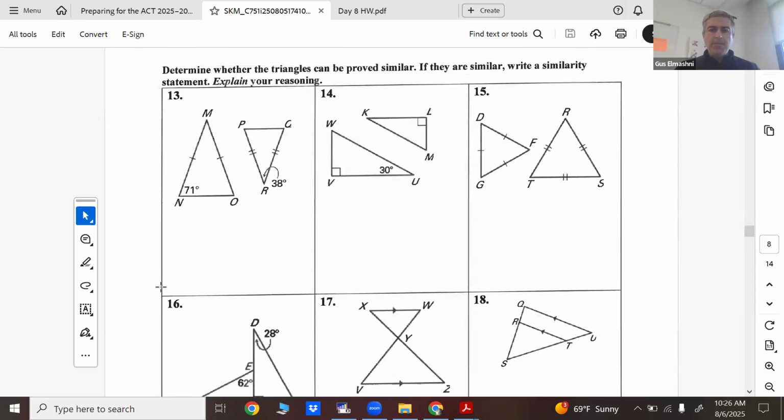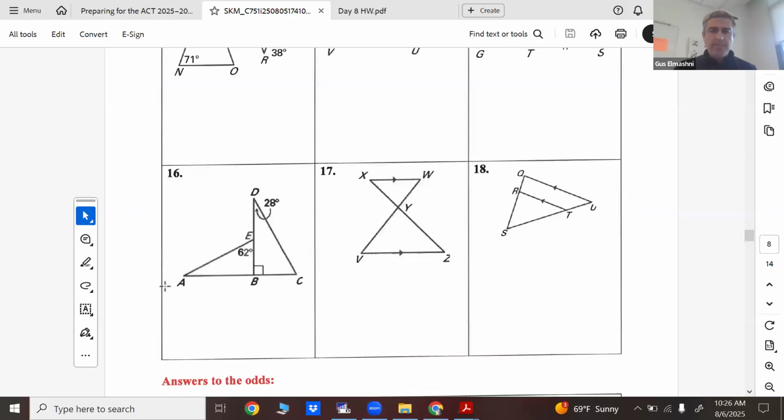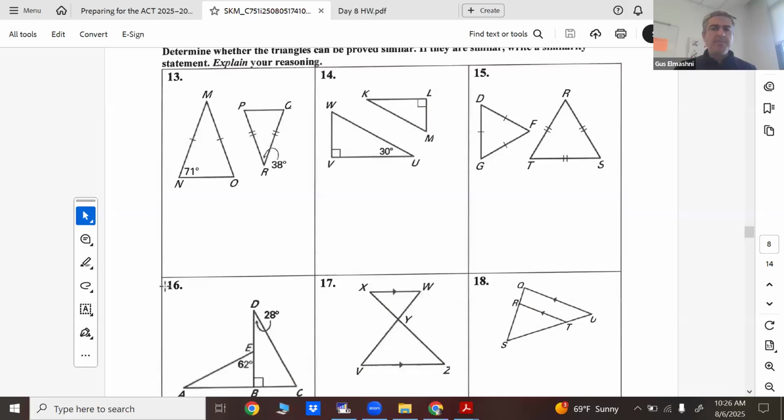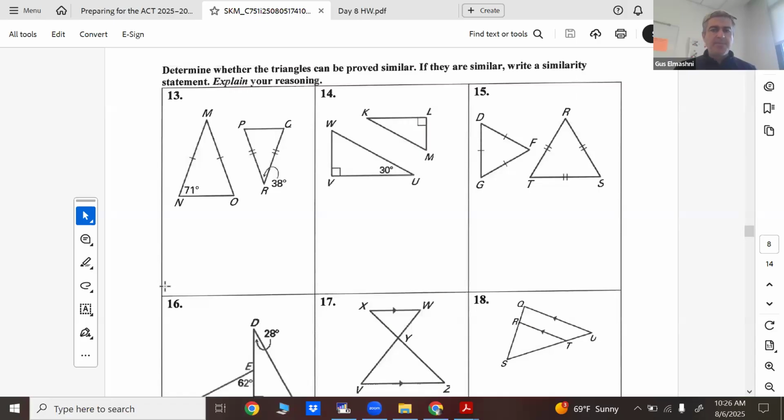Okay, let's do a bit more here. Actually, I'm going to have you guys figure this out on your own. You guys could do it.